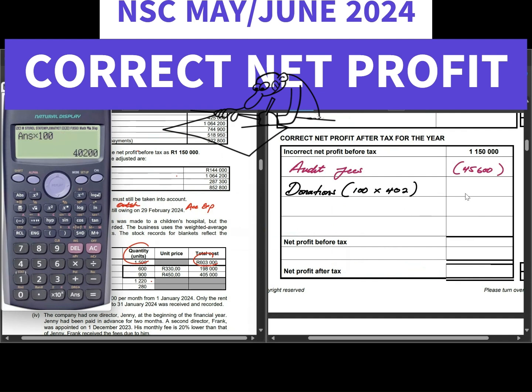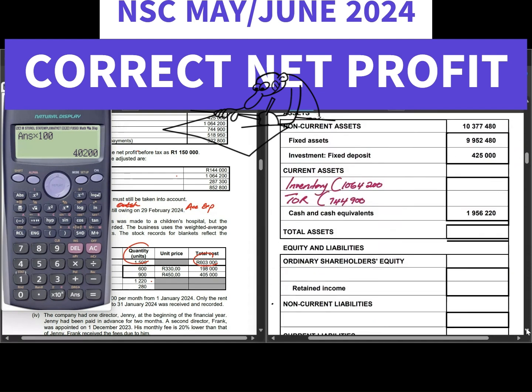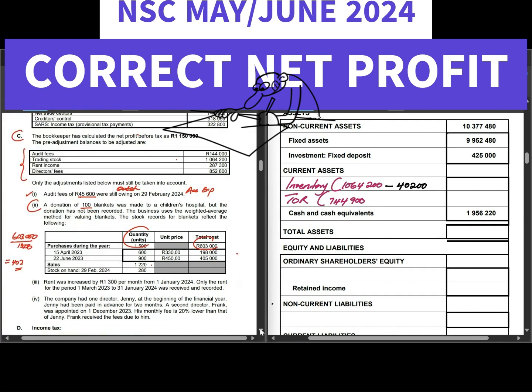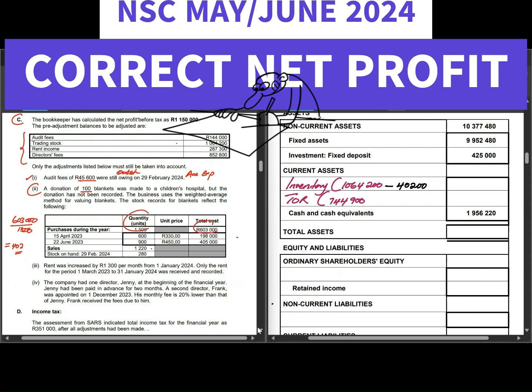That's going to give me 40,200. So that is going to be in brackets because that is an expense that was not yet recorded. And when I then come to my inventory, I know that is going to decrease my inventory. So I'm coming here to say minus 40,200 because the blankets are part of the inventory that was not yet adjusted for.